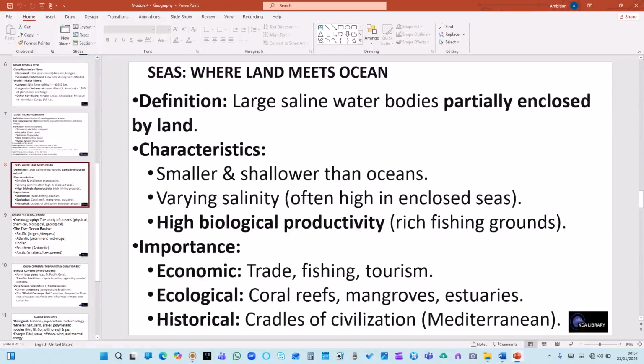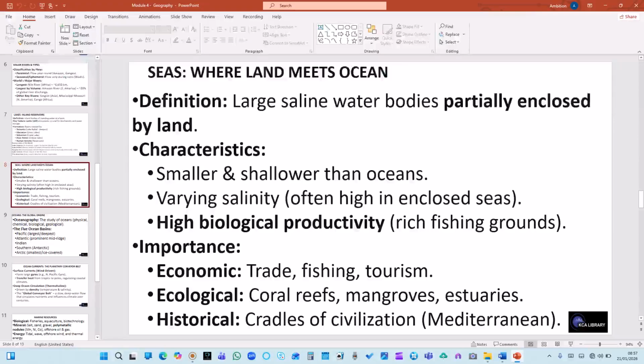Another characteristic is varying salinity, often high in a closed sea. Then the third characteristic is high biological productivity, such as rich fishing grounds. So the sea is a source of fishing ground for fishermen.